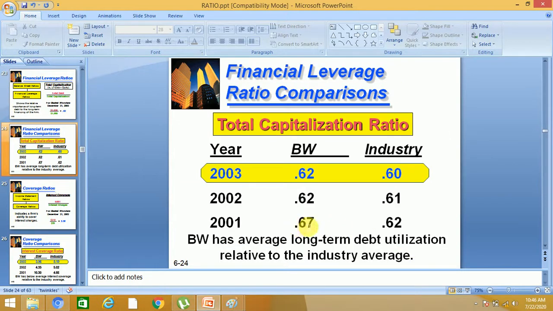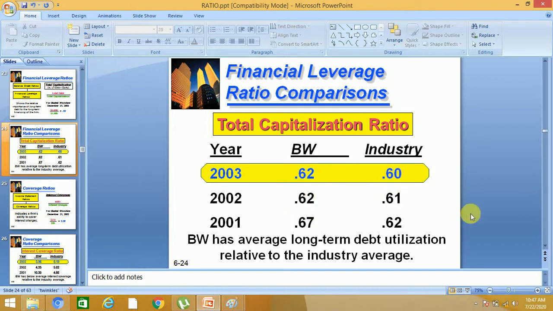In the internal analysis, it was 0.67, then it comes down to 0.62, and again 0.62. And the industry is 0.62, 0.61 and 0.60. So on average, 62 and 60.